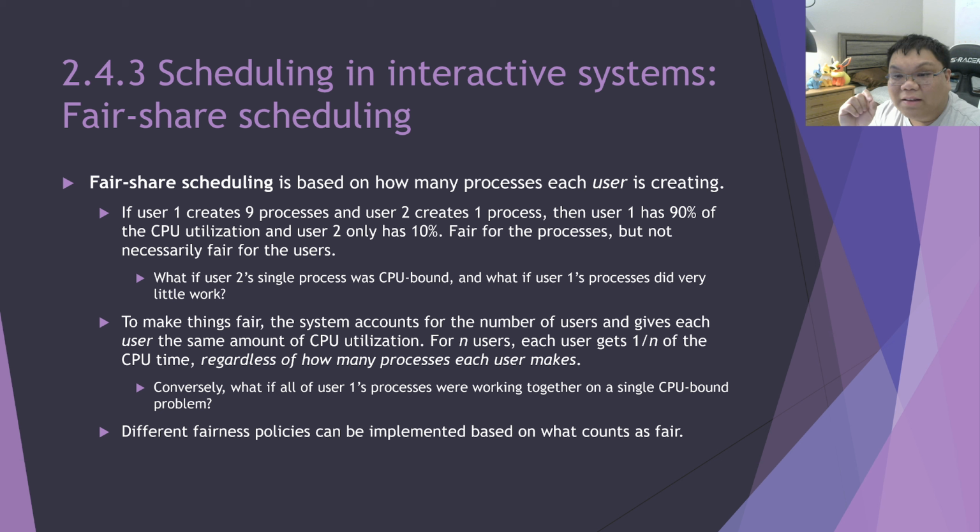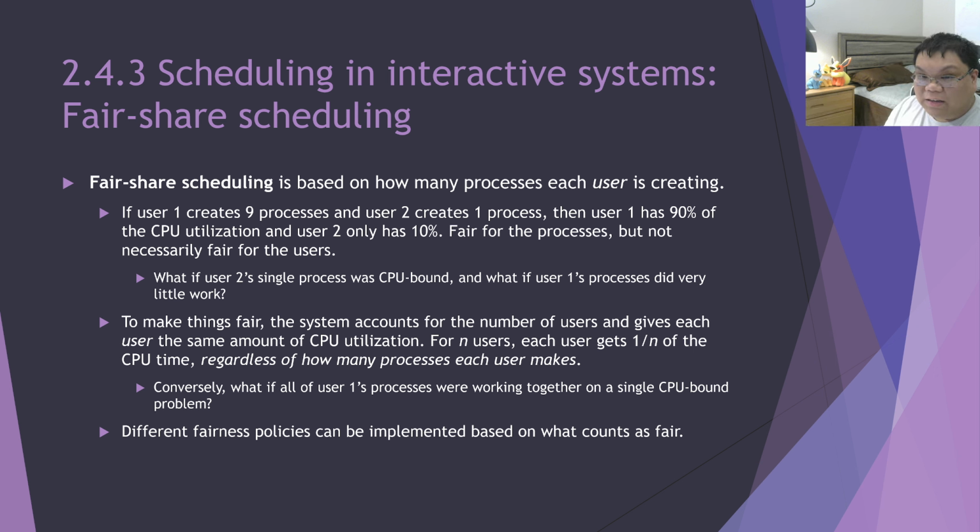Then that might not be fair, but you can tweak your fairness policy to account for these possibilities: user 1 creates 9 compute-bound processes and user 2 creates 1 I/O-bound process, or the reverse, user 1 creating 9 I/O-bound processes and user 2 making 1 compute-bound process. So yeah, you have to tweak your fairness policy to account for these.